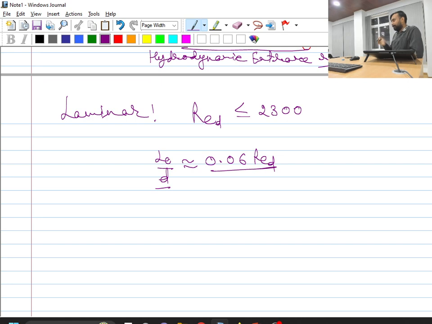Okay. So typically for a circular pipe, if you consider that you are reaching the critical condition of Reynolds number, then corresponding to the critical Reynolds number of 2300, your LE will be how much? 0.06 into 2300 is how much? Please calculate and tell me. 2300 into 0.06.